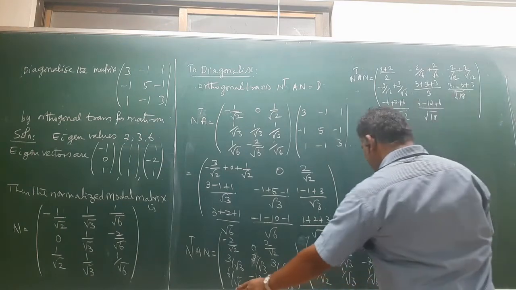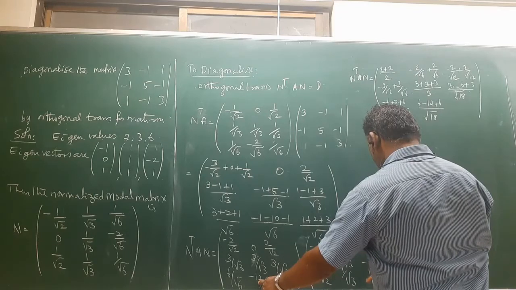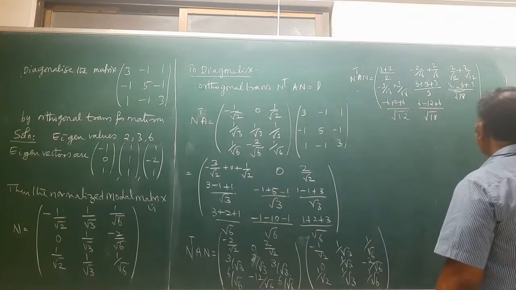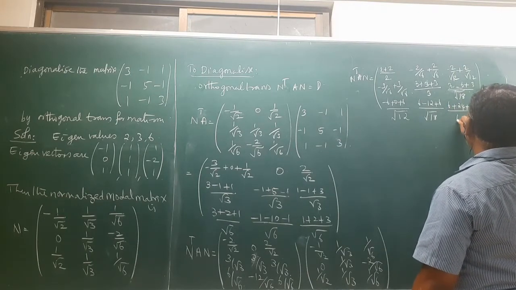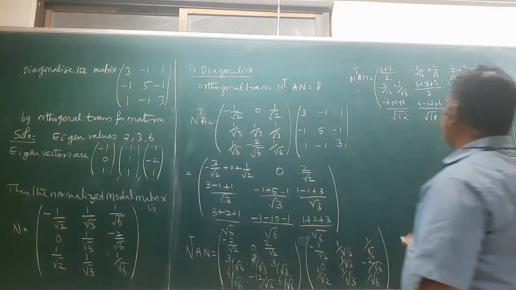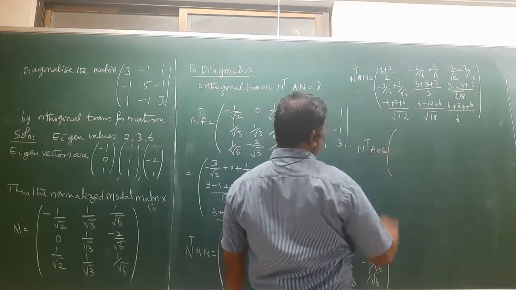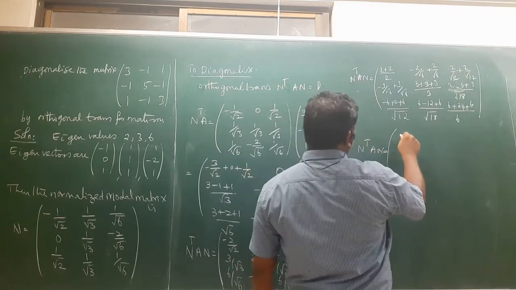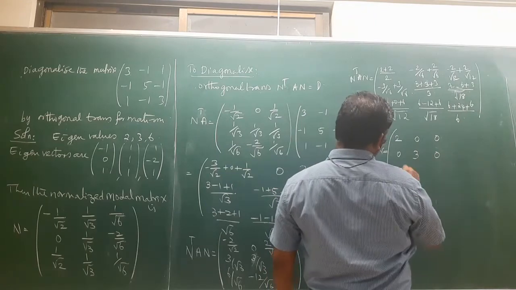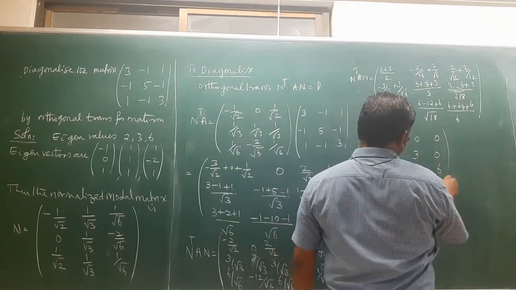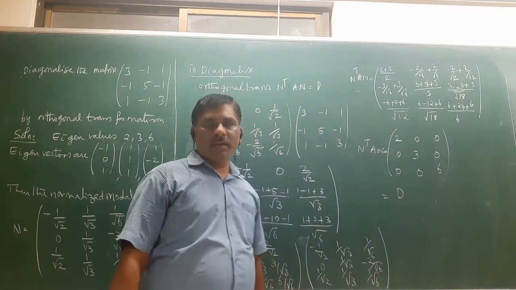Final one is 6 plus 24 plus 6 by 6. So finally N transpose A N, you can see, equals 2 0 0, 0 3 0, 0 0 6. That is the diagonal matrix D.